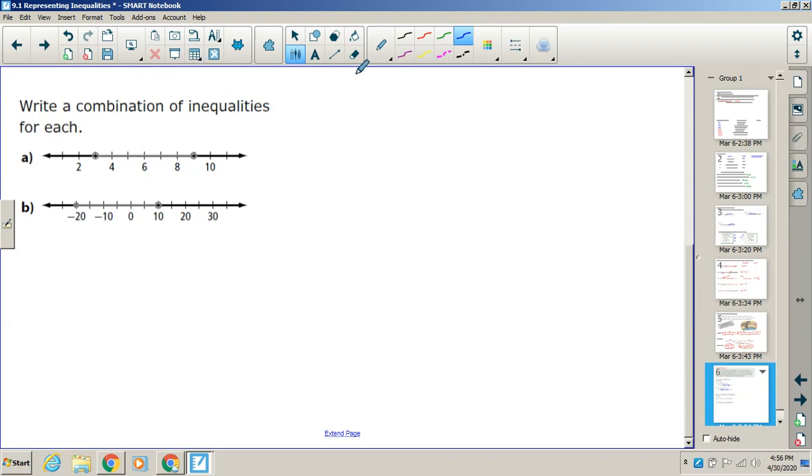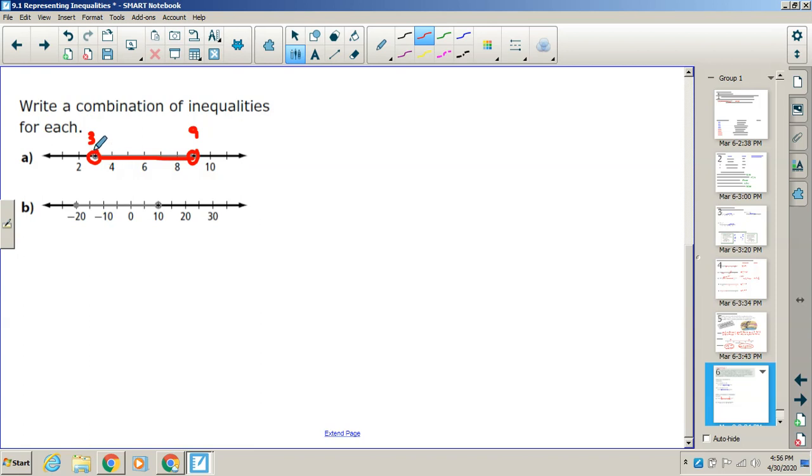This number line is going from here to here, and it looks like those are both open dots. So we've got an open dot here, and an open dot there. This is 3 on the number line, and that is 9.